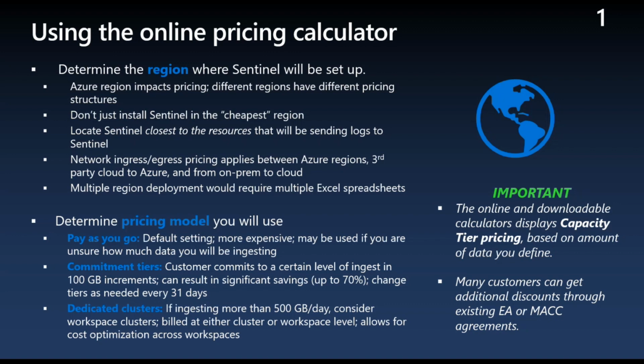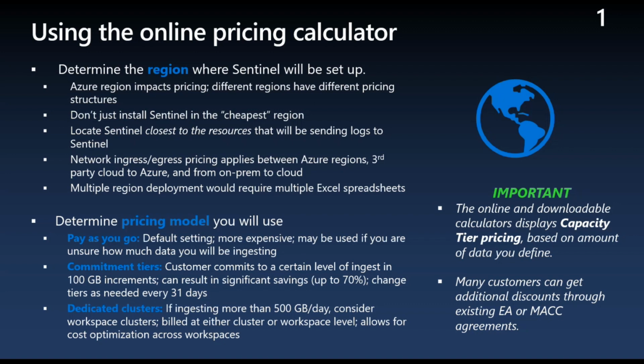Number one, it makes things a little less complex, so that you're not sending data between different regions, but it can also help you avoid some of the ingress and egress pricing charges between Azure regions that may apply.